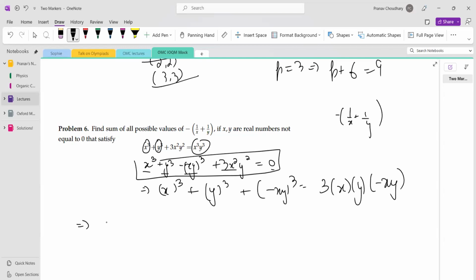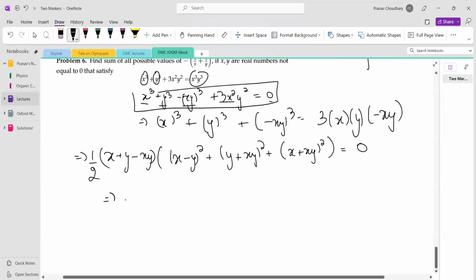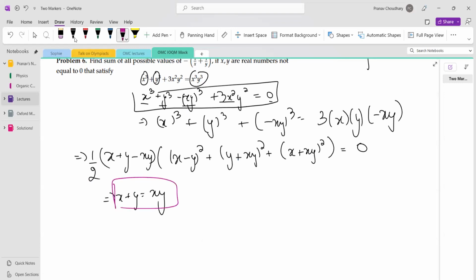It's just a plus b plus c times half times a minus b square plus b minus c square plus c minus a square equals to 0. So either x plus y equals to xy, this is one thing, or x equals to y and then y equals to minus xy and so on.